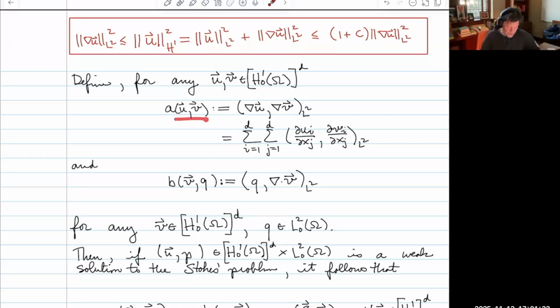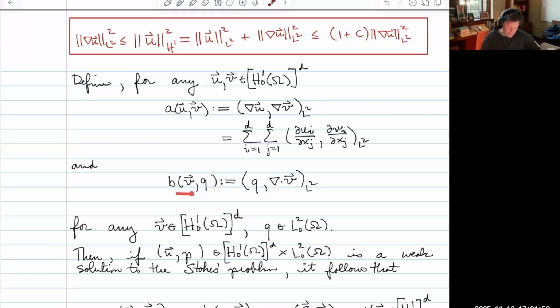Well, the A bilinear form is going to look exactly like the one that we defined for the Poisson problem. It's the gradient of u, gradient of v, L2 inner product. The only difference here is that, importantly, the functions u and v are no longer scalar functions. They're vector functions. They're fluid velocity fields. And so this has a little bit of a different look and feel because of that. It has, in this case, two sums rather than just a single sum.